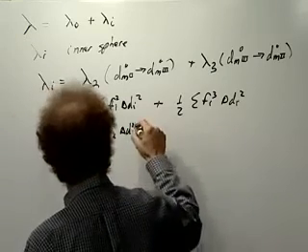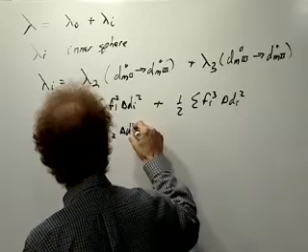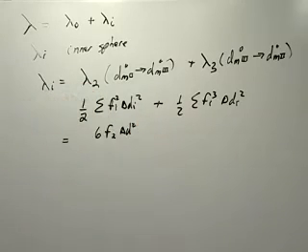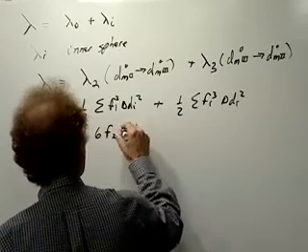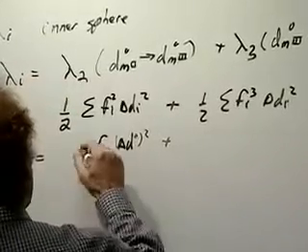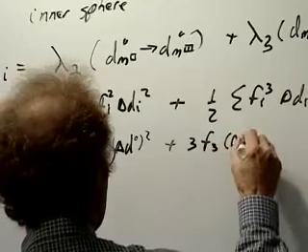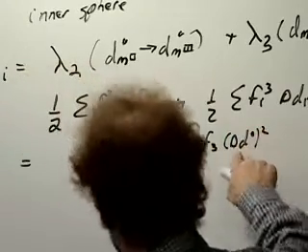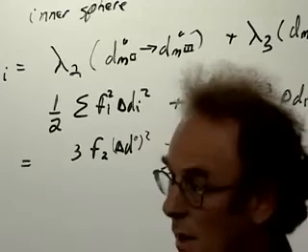It's going to be delta D0 squared plus, and that's a 3, plus 3 F3 delta D0 squared, where this is just the distance to go from the iron 2 to the iron 3 bond lengths.